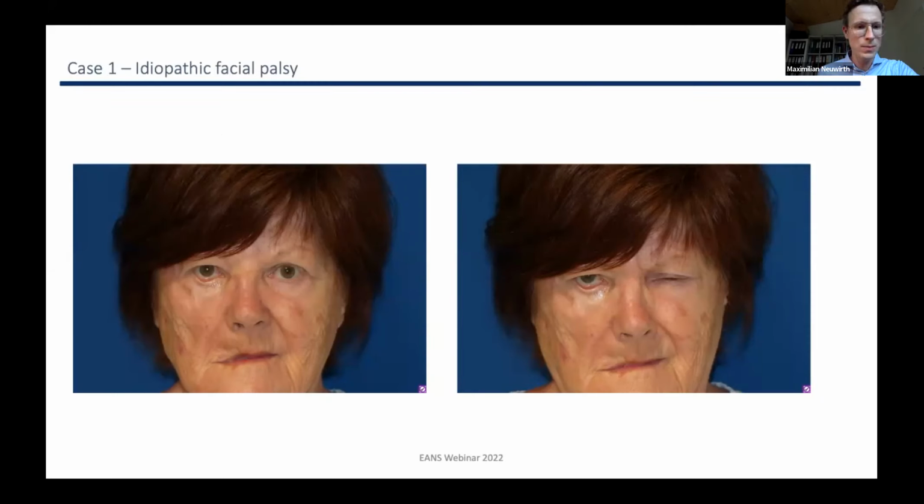Our speech therapist, Christina Repic, already did an excellent job on her, but the eye was a problem, and she showed all the typical characteristics of facial paralysis of the eye, lagophthalmos and lower lid ectropion, and she asked if we could help her with her eye.